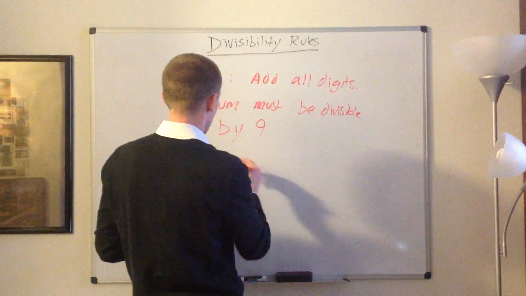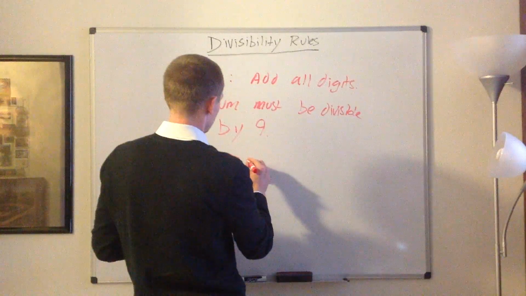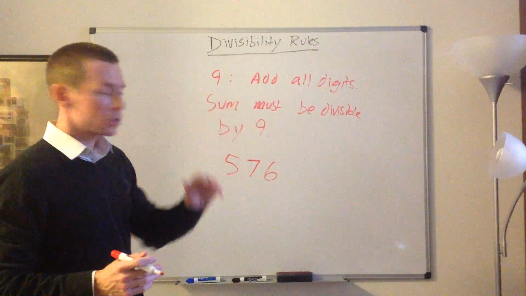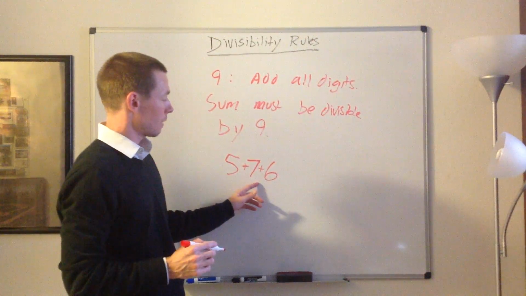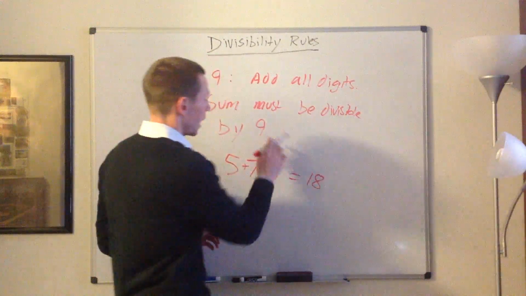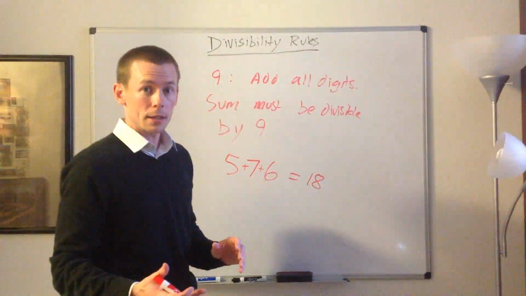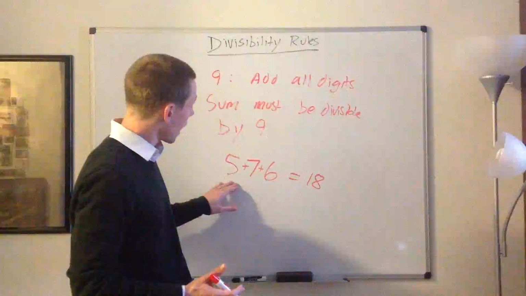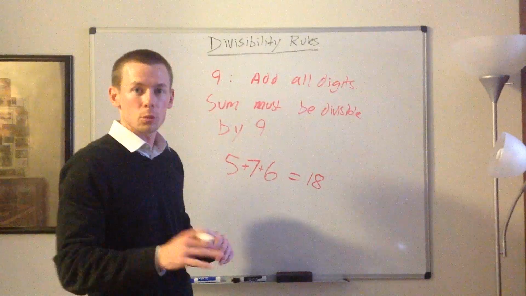If I do, say, 576, add up all the digits. 5 plus 7 plus 6. 5 plus 7 is 12. 12 plus 6 is 18. Does 9 go into 18 evenly? Yes, it does. It goes in evenly with no remainder. It goes in twice. So that means since 9 goes into the sum of all these digits, 9 also goes into the number itself. So 9 will go into 576 without a remainder.